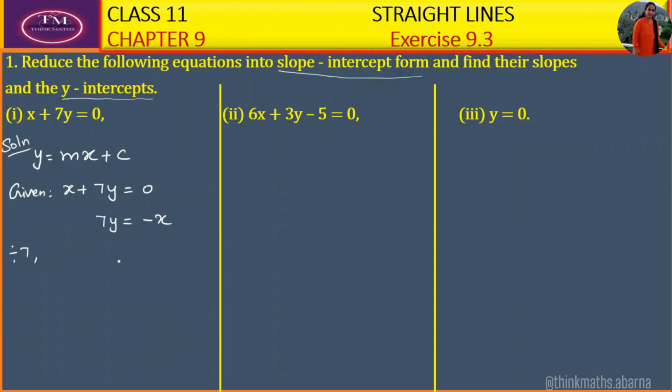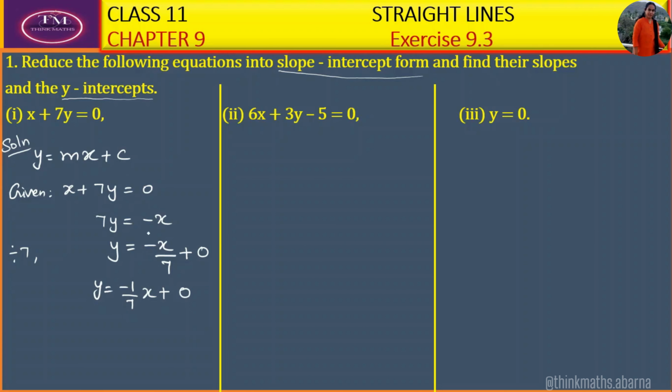Dividing by 7, 7 by 7 becomes 1 and here it becomes minus x by 7. There is no constant c, so you can write it as plus 0. So this is nothing but minus 1 by 7 into x plus 0. The coefficient of x is minus 1 by 7.